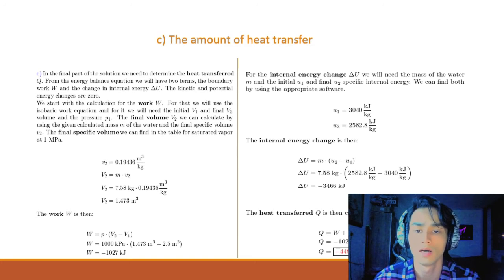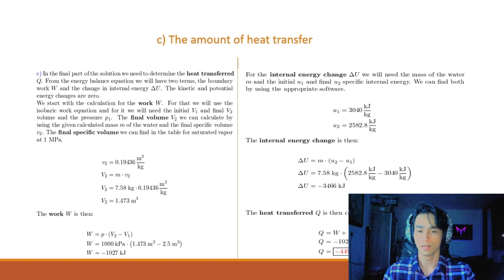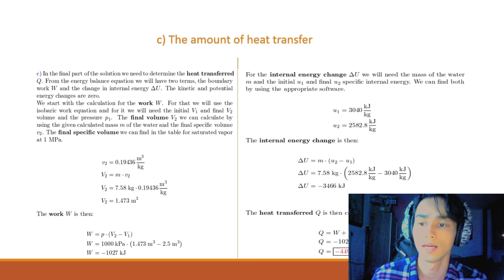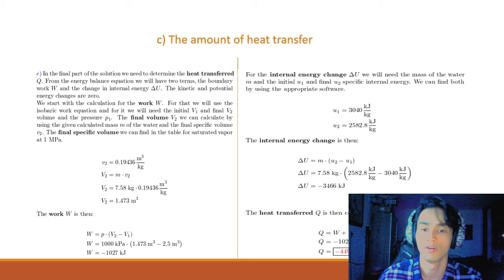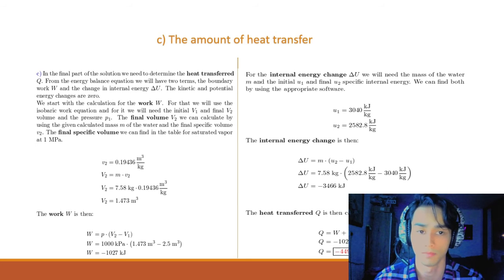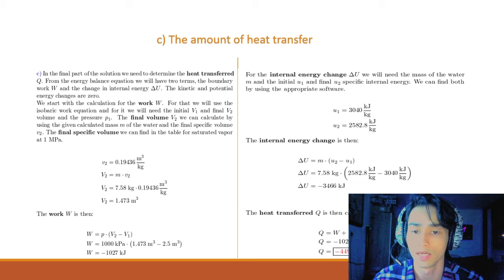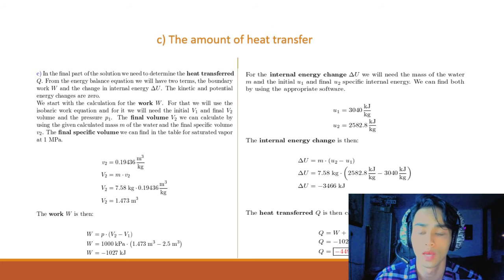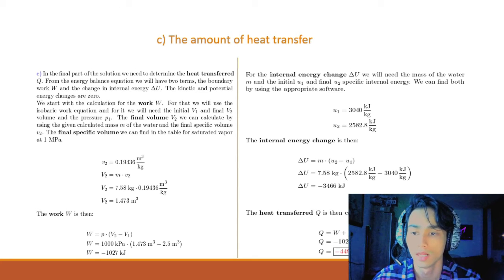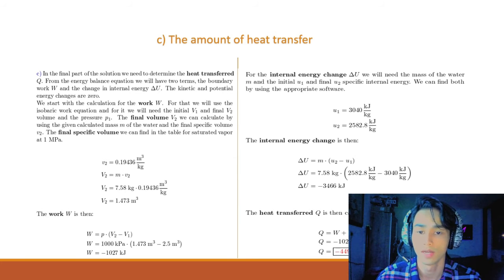The final volume, which is V2, we can calculate by using the calculated mass, which is m, mass of water, and the final specific volume. The final specific volume we can find in the table for saturated vapor at 1 MPa. So for final specific volume, we have 0.19436 meter cubed per kilogram, and so we will use the formula V2 equal to m times the final specific volume.